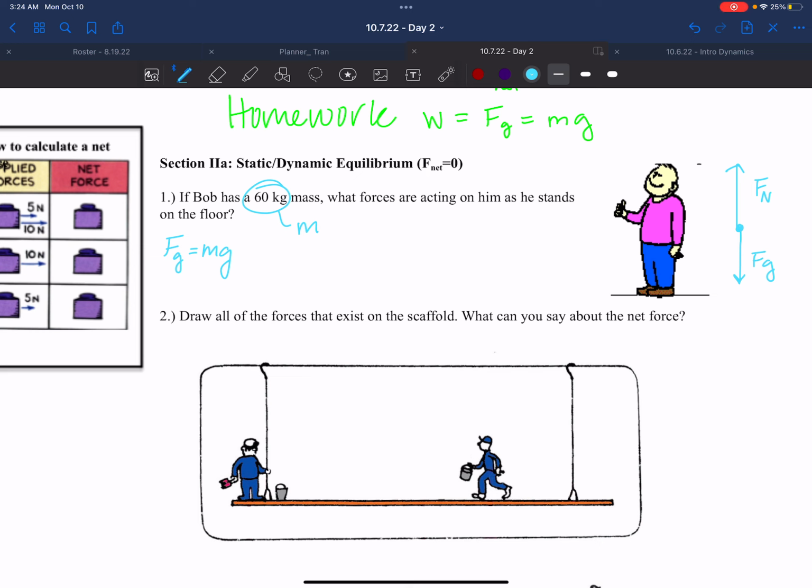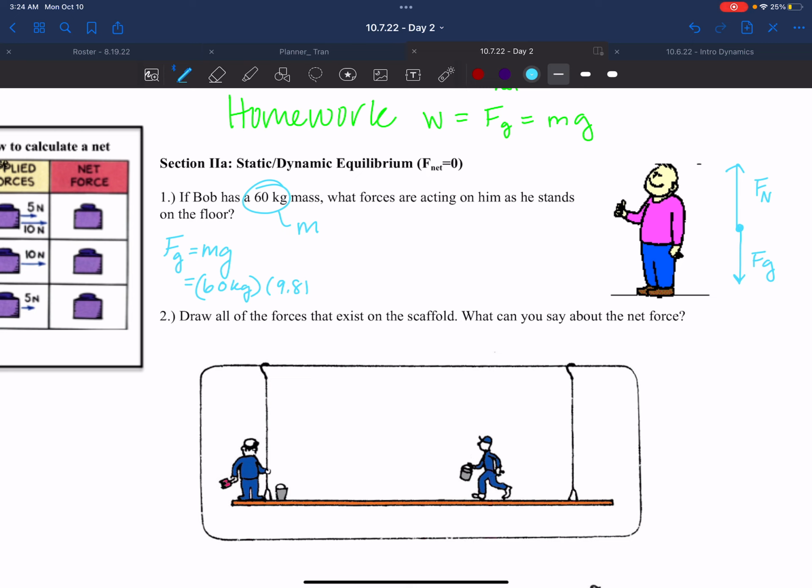So since I want to find force of gravity, and I'm given mass, and I already know a set number for g, then I can say that 60 kilograms times g, which is 9.81, and whenever I multiply those together, then I can get the force of gravity, or the weight of this guy.